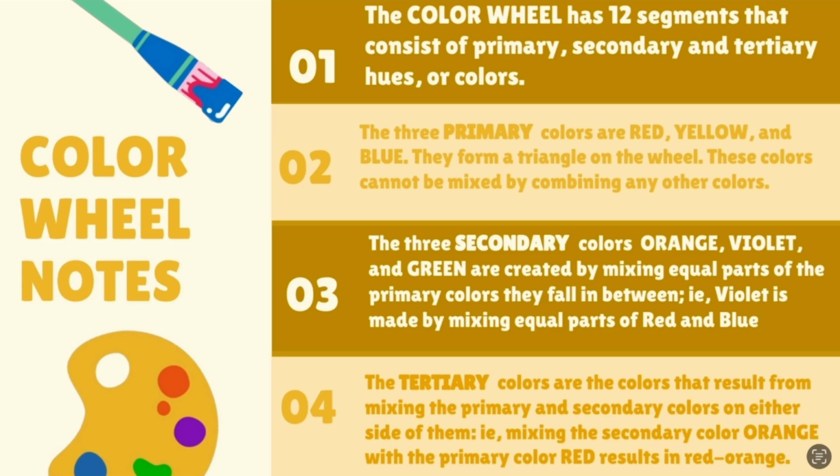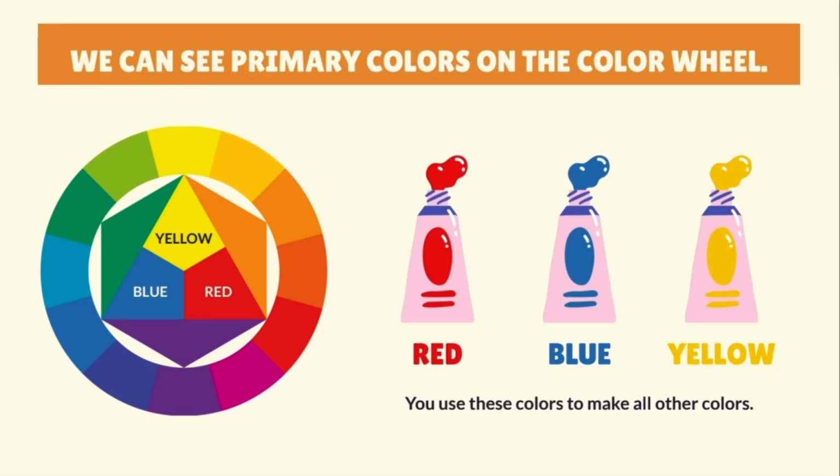For example, violet is made by mixing equal parts of red and blue. The tertiary colors result from mixing a primary and the secondary on either side of it. For example, mixing the secondary orange with the primary red results in red-orange. We can see the primary colors on the color wheel: yellow, blue, and red.